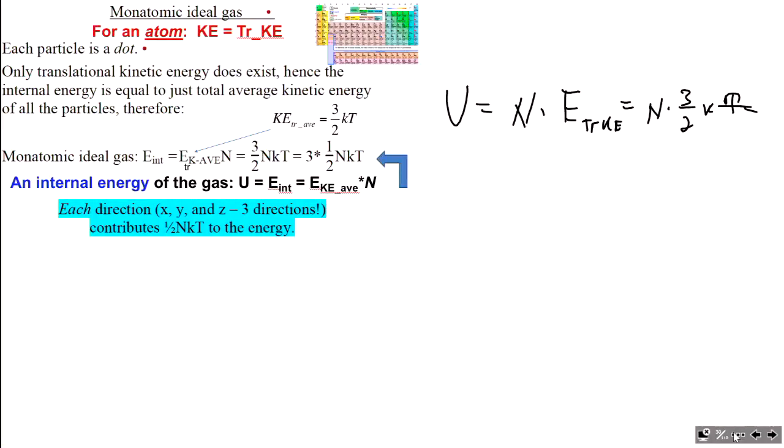What happened here? But we can make a transition again from using the Boltzmann constant to using the universal gas constant. Remember, the ideal gas law has two different forms.